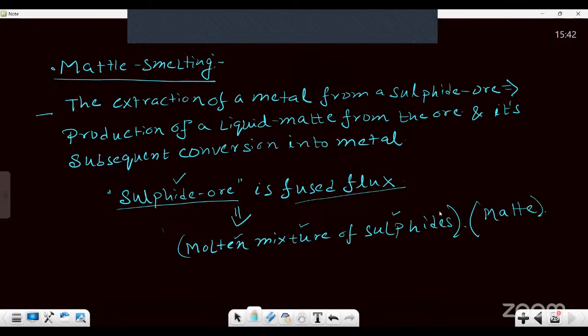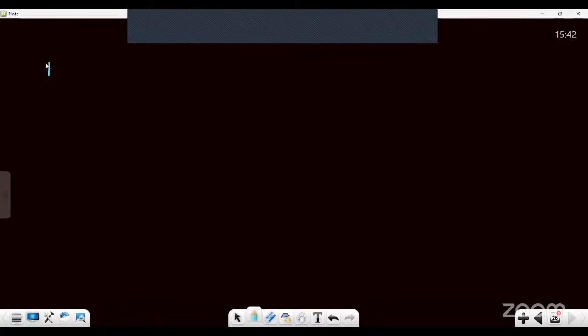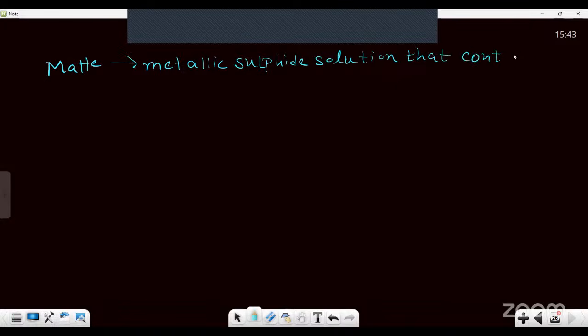Okay, so matte is metallic sulfides. Matte is nothing but a metallic sulfide solution that contains minor amounts of oxygen and sometimes some metals too.